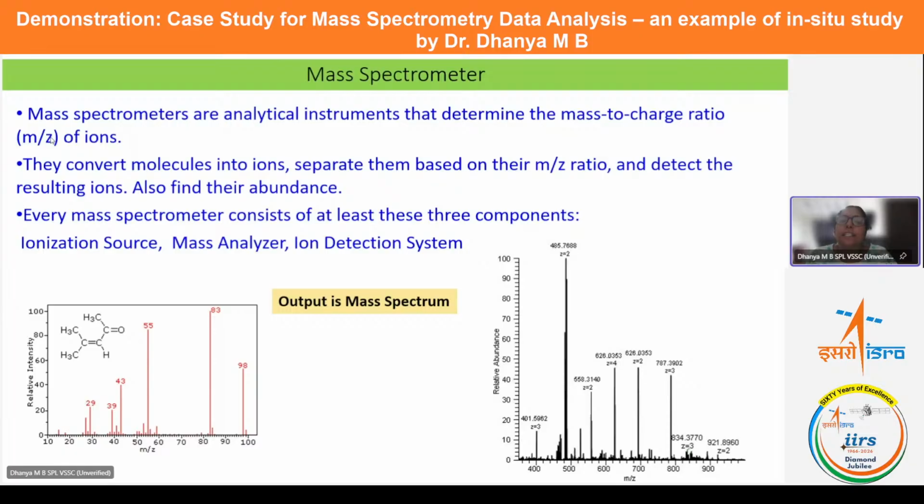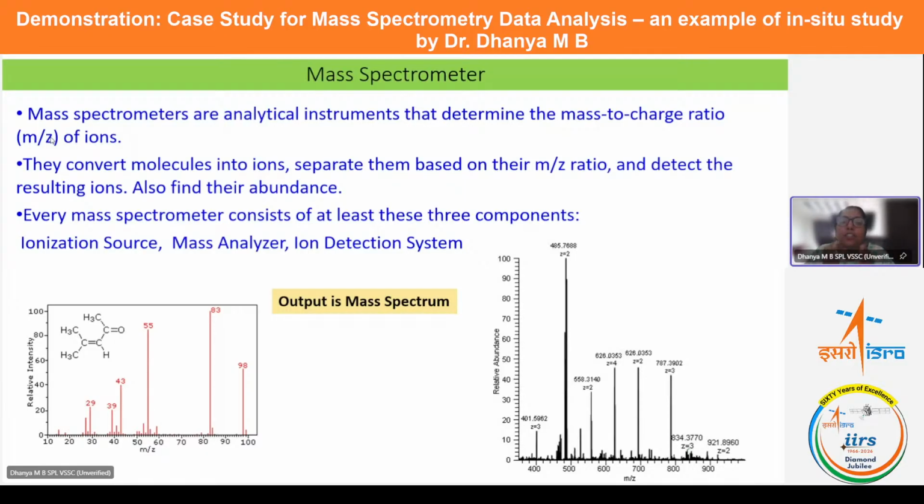The technique involved in mass spectrometry is ionizing a sample, which is basically a gas. Say we want to determine what is present in the air around us. We are sitting in a room now, so what elements are present in the air around us? We know they are molecules and atoms.